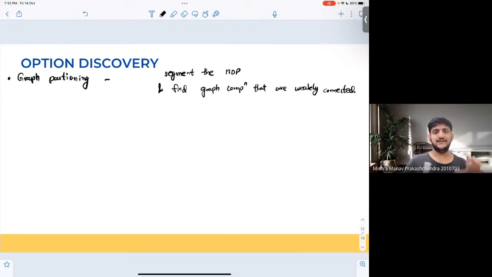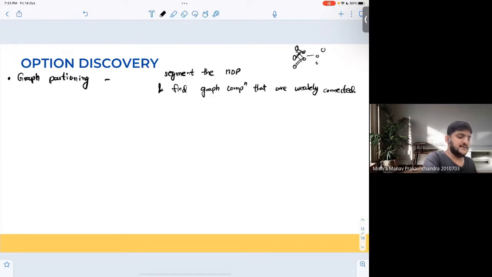So if there is a distinct partition of the graph into two components, and there are some states which have a weak connection, then those states are known as bottlenecks. If you look in the domain of network analysis, that's what we mean by bottleneck. So let's say you have some graph which is connected in this manner, and then there is another subgraph.